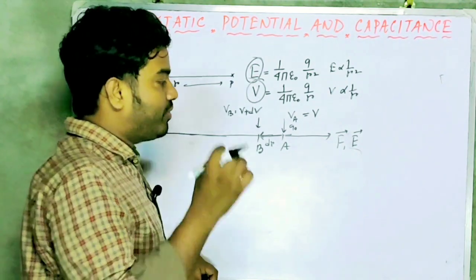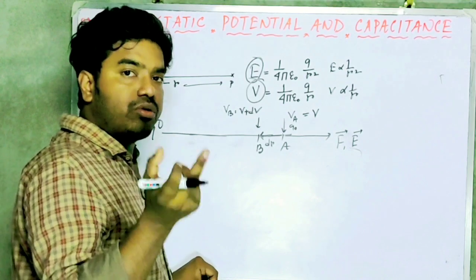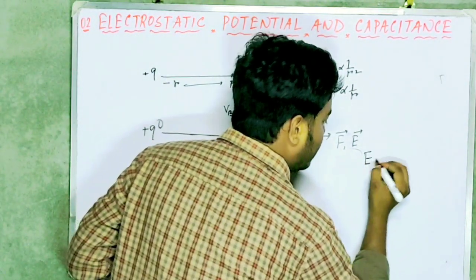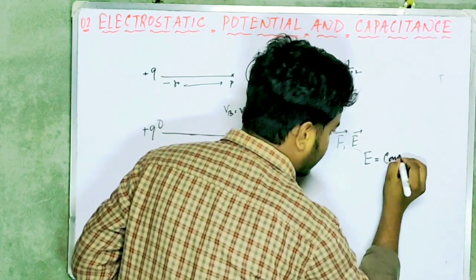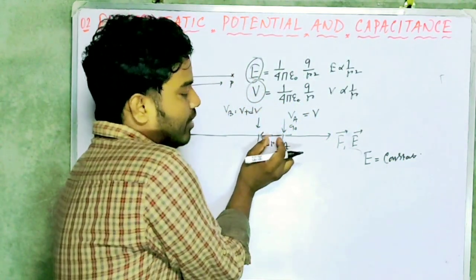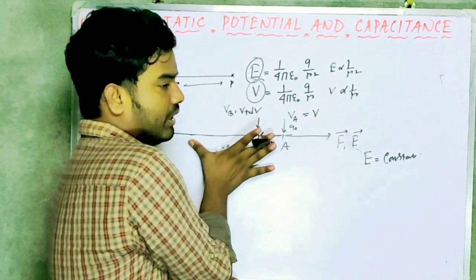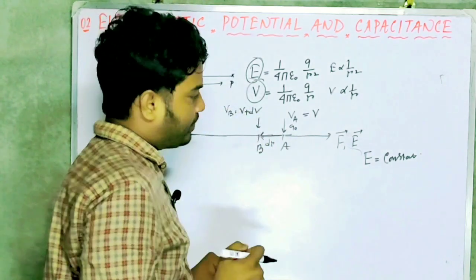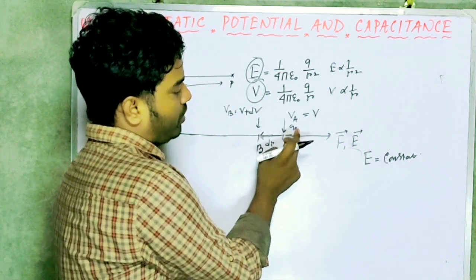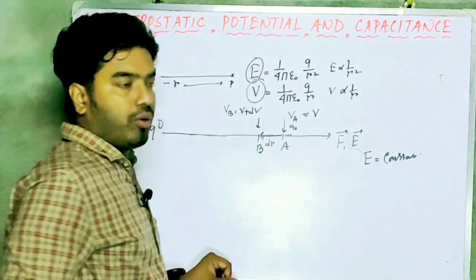If points A and B are very close to each other, then you can say that the electric field E is constant, because both points are very close, so the separation is nearly equal.